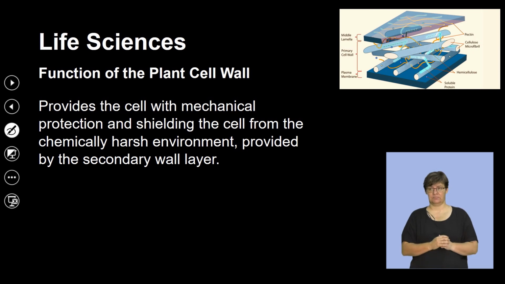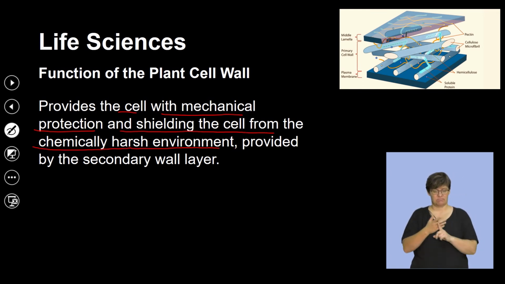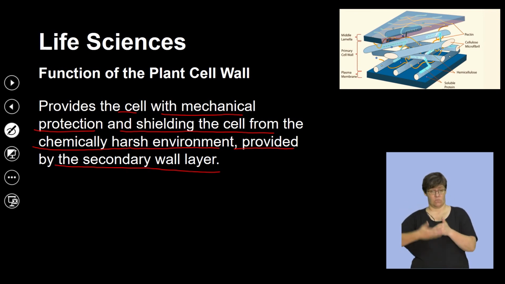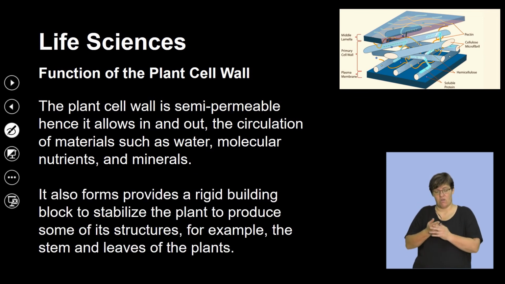The function of the plant cell wall is that it provides the cell with mechanical protection, shielding the cell from chemically harsh environments, provided by the secondary cell wall. So it's important in providing protection and shielding from the external environment.